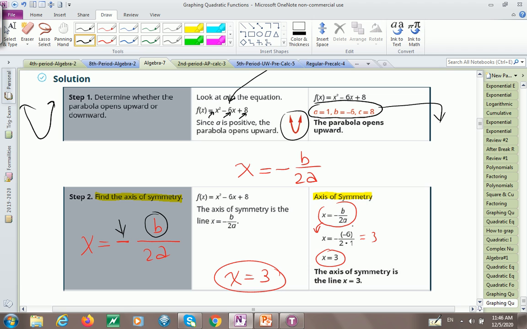So that's why they put this negative sign into the parentheses, to distinguish one from another. This one comes from the formula, and this one is because b itself is negative. So when you distribute negative times negative 6, that's why we have positive 6 on the top, 2 on the bottom, and it ends up being 3, 6 divided by 2. Thanks, Carlos. That's a good question.